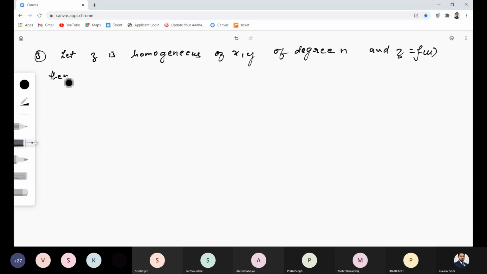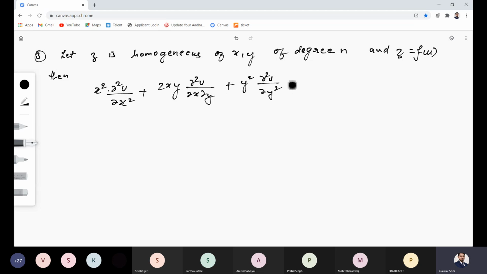Then x square second derivative of u with respect to x square plus 2xy second derivative of u with respect to x y plus y square second derivative of u with respect to y square is equal to g of u in bracket g dash of u minus 1, where g of u is equal to n into f of u upon f dash of u.